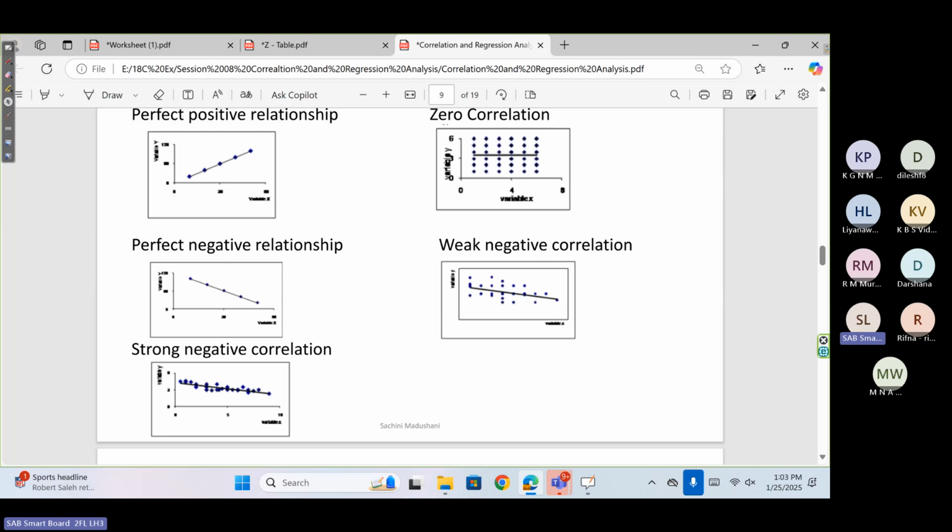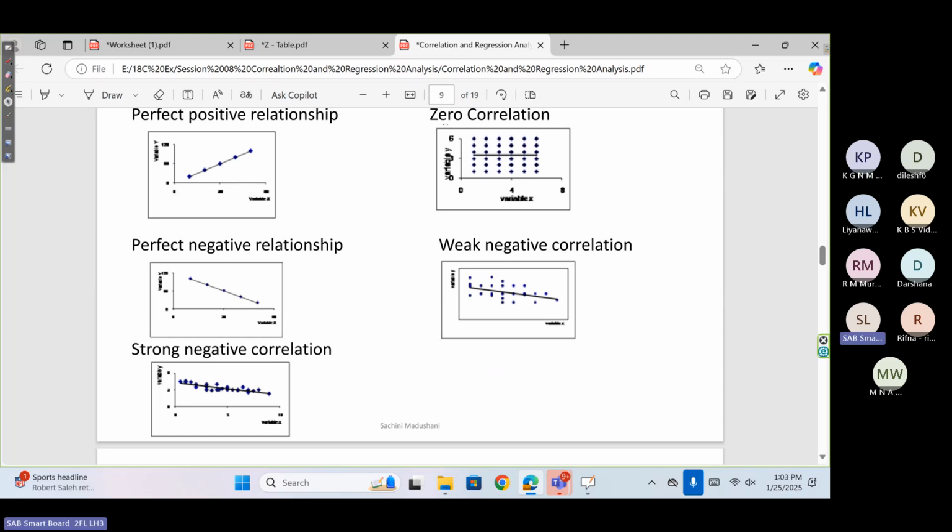In correlation analysis, we identify the strength of the linear relationship. When we draw the straight line and all the plots are on the same straight line, we call it a perfect relationship.